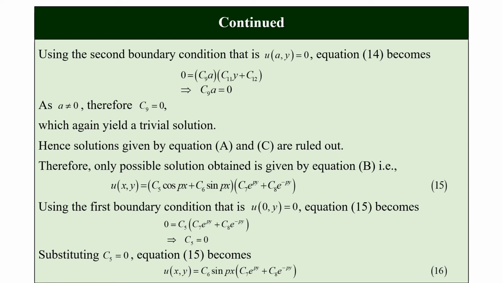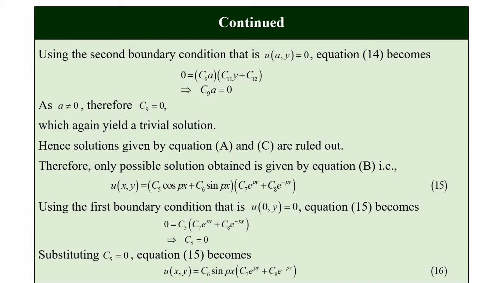So we have only one solution which is given by equation B, and that solution is u of xy is equal to c5 cos px plus c6 sin px into this term. So using the first boundary condition, that is u of 0y equal to 0, equation 15 implies u is equal to 0, so the left hand side is 0, and here we substitute x is equal to 0, and we know cos 0 is 1, sin 0 is 0.